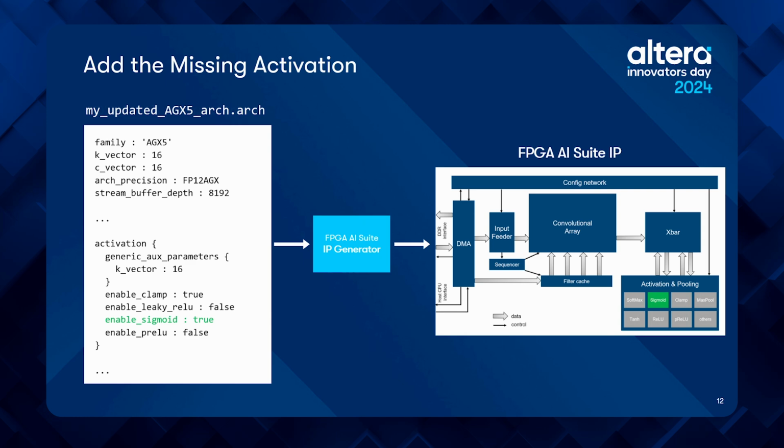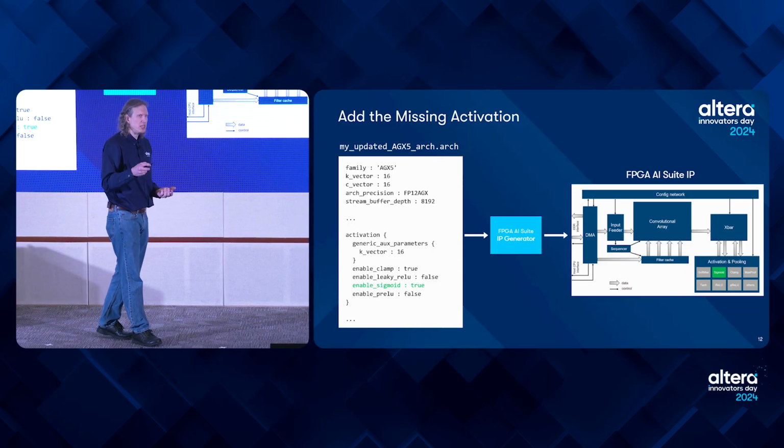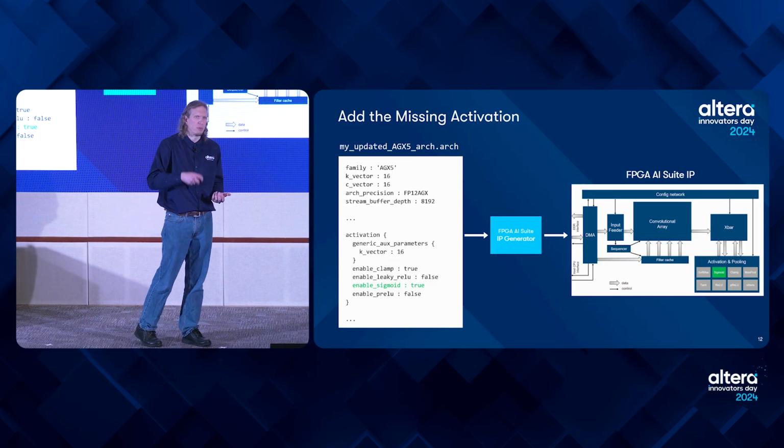Let's modify the Arch file to include the sigmoid module. The text in green shows what we changed in order to enable this module. The AI Suite includes a tool called the Architecture Optimizer that will automatically set many of the parameters in this Arch file for you so that you don't need to know them or understand them or even think about them. However, we made the design decision that the optimizer will only change parameters related purely to the performance of the graph.